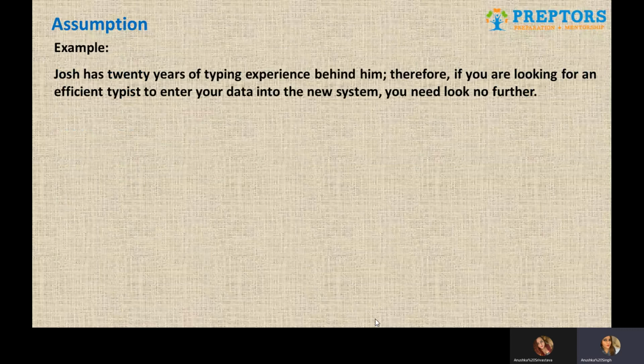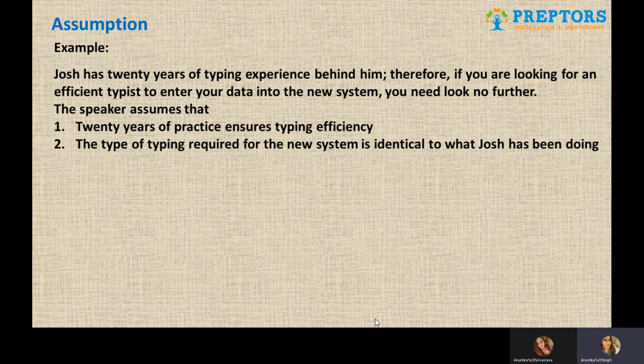An example again. Josh has 20 years of typing experience behind him. Therefore, if you're looking for an efficient typist to enter your data into the new system, you need look no further. What does the speaker assume now? These are my options.